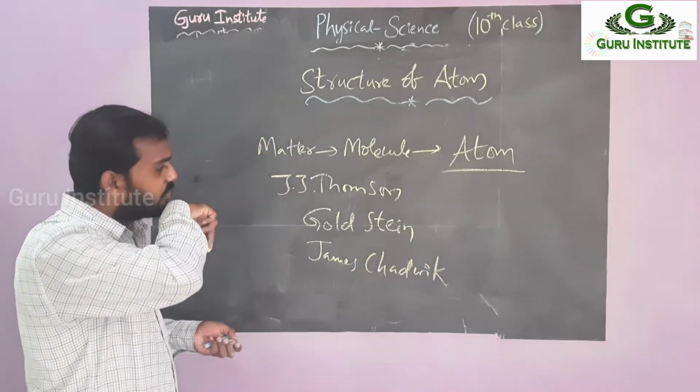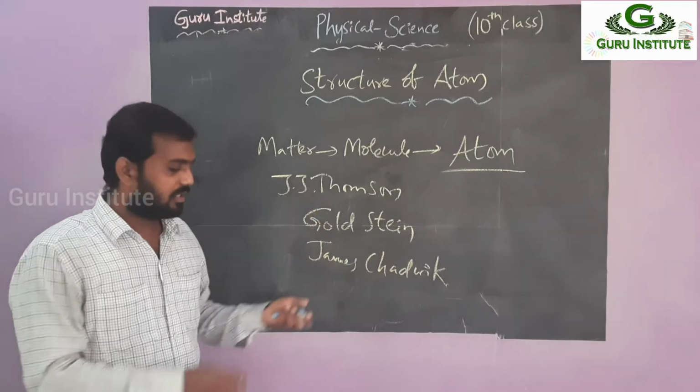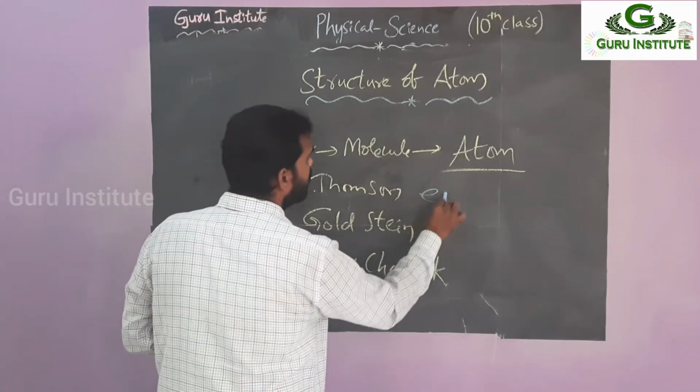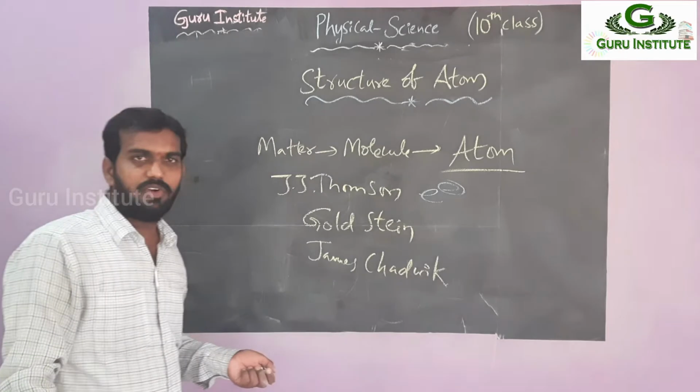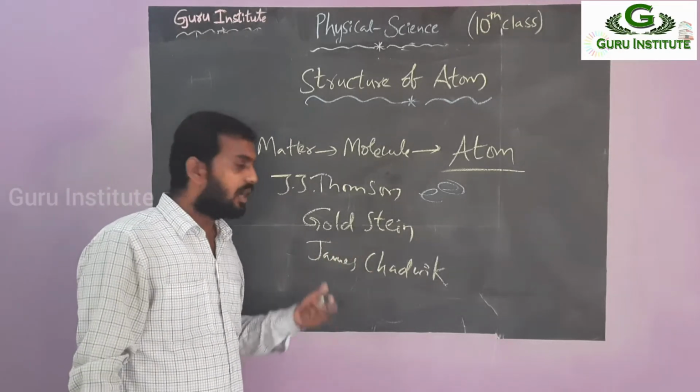Okay, right? So this is about Thomson. He discovered the electron. Then Rutherford identified the nucleus.